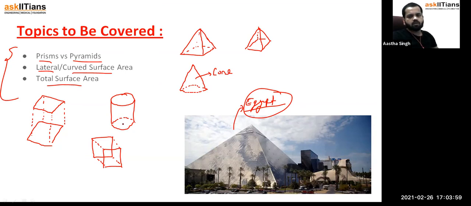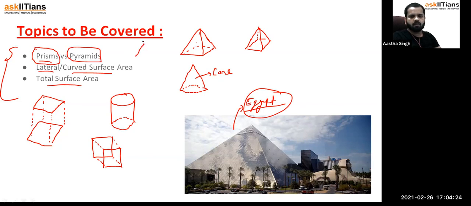Or take a real life example: the room you are sitting in is a cuboidal room, so it is basically a prism form. A prism is when the surfaces of top and bottom are the same, and a pyramid has a pointed top.